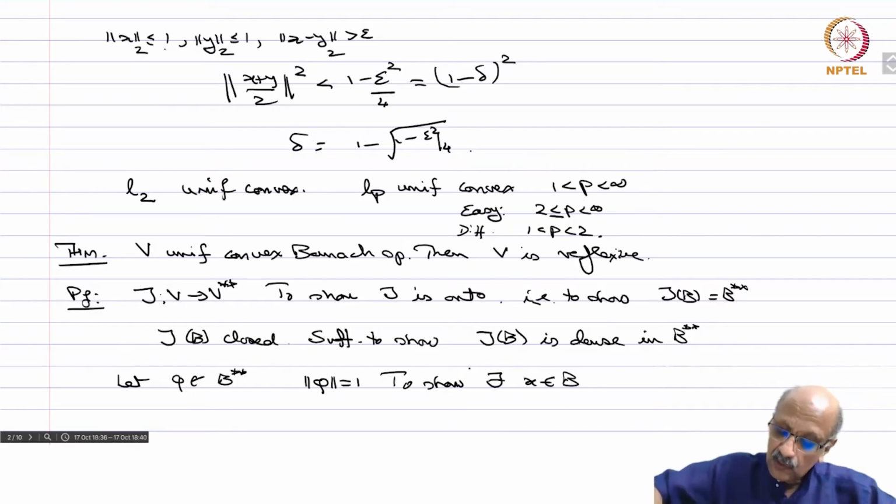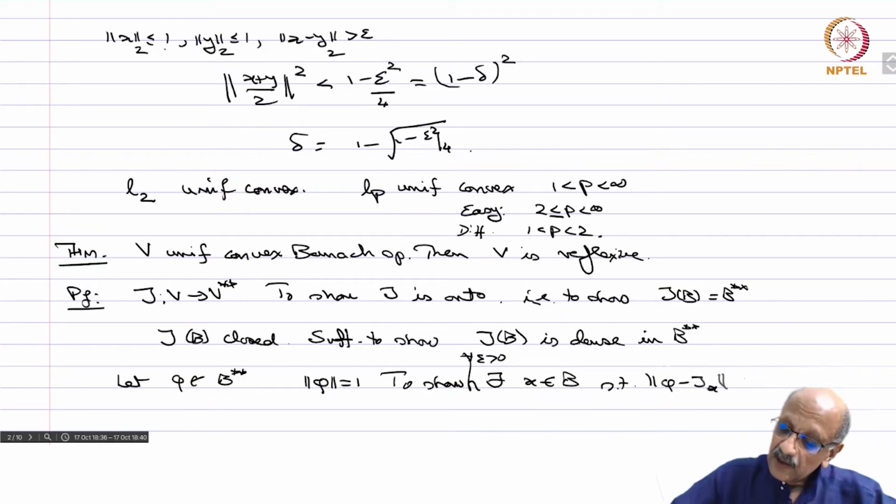So to show for every epsilon positive there exists an x in B such that norm of phi minus Jx is less than epsilon. This is in V double star, of course. So this is what we want to show, this is what we mean by dense.